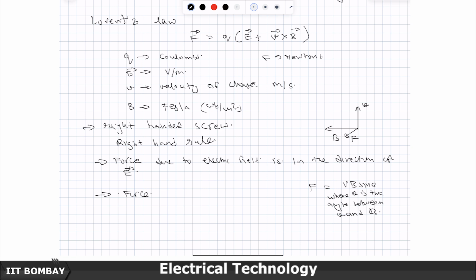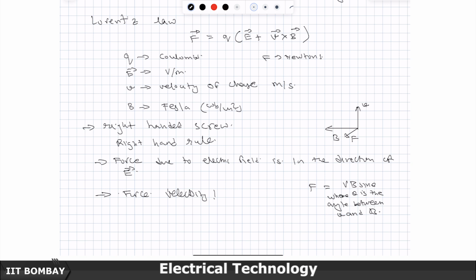So, force here is not just dependent upon the magnitude of Q, given a particular B, but it also depends upon velocity. Velocity of course has a direction and a magnitude.